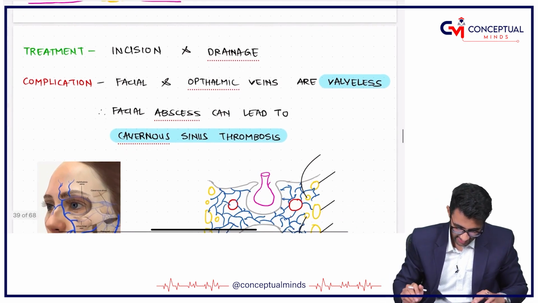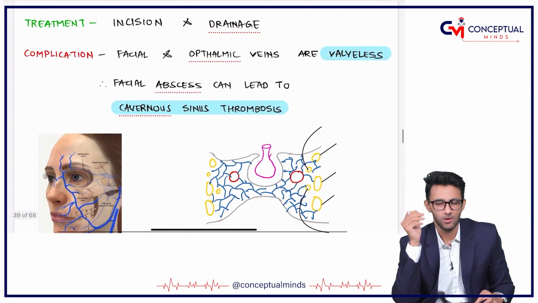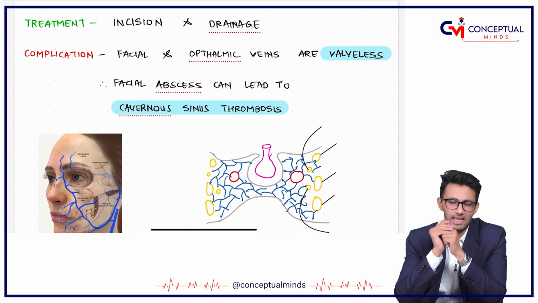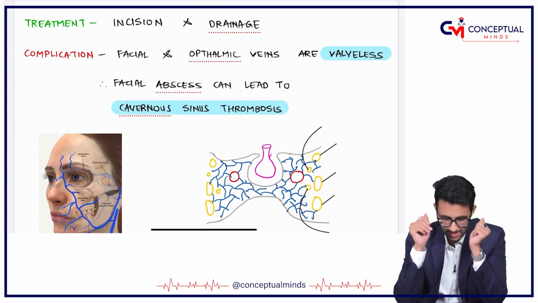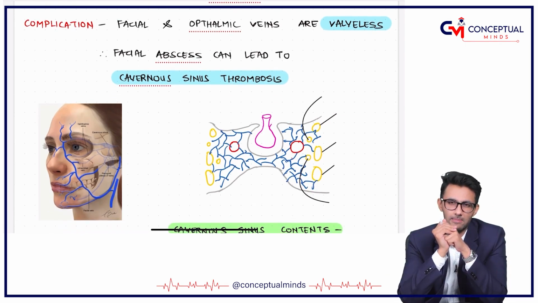All right, so now comes a very, I would say, interesting point, that is the complications. We read abscess, we think, okay, fine, nothing much complicated can happen because of the abscess. But not in this case. Let us discuss complications of skin abscess, if there are facial abscesses.